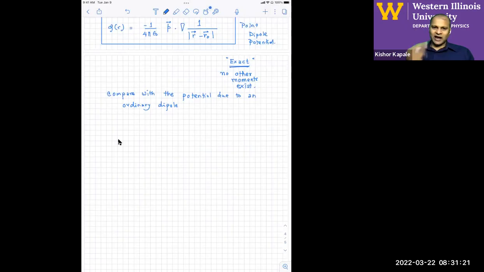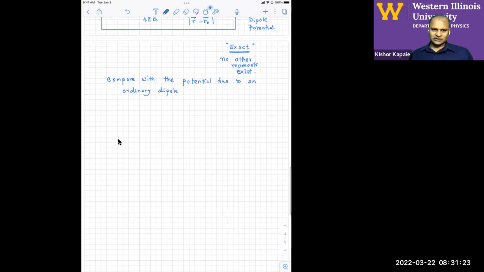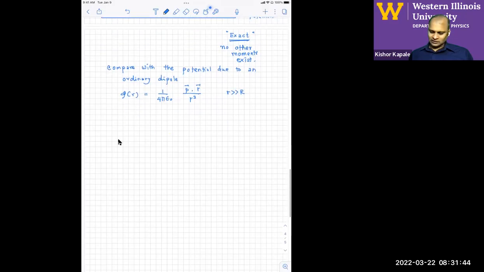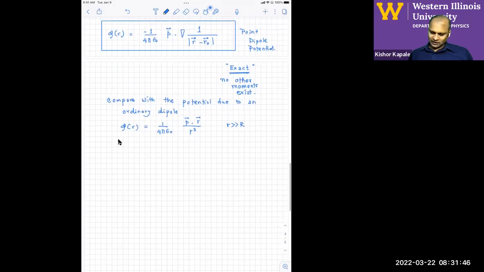An ordinary dipole has a finite distance between the two charges. This one here is a point dipole, meaning two charges that are very, very close together. And just remembering how it looks, it's P dotted with R over R cubed for R much greater than R prime. Do you see any connection? See, 1/4 pi epsilon is P dotted with something.